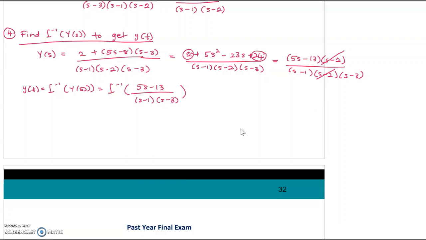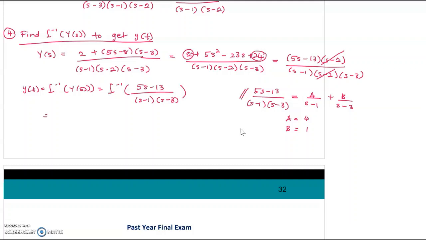So by the partial fraction, you need to rewrite 5s minus 13 over s minus 1, s minus 3 in the form of a over s minus 1 plus b over s minus 3. A little bit of computation here. Cutting the story short, a is 4 and b is 1. Make sure you get that. I'll just give you the answer for a and b.